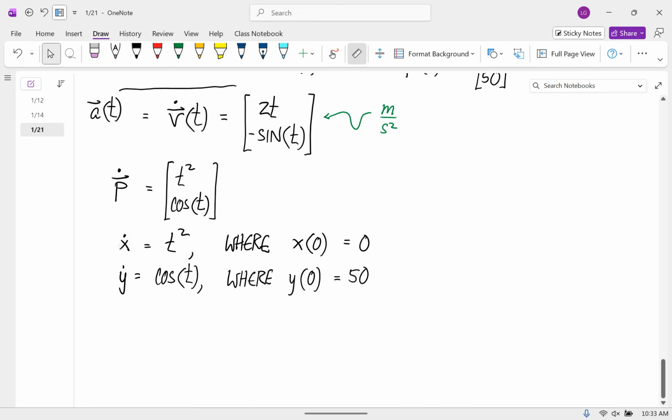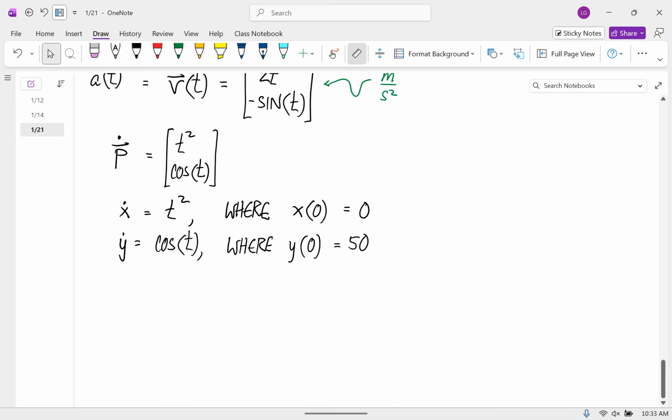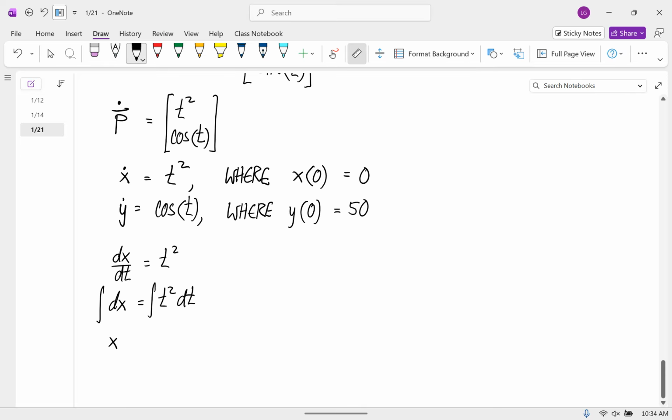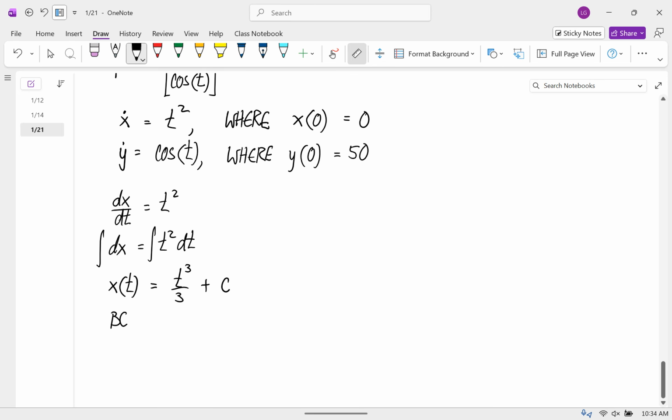Okay, so now I'm gonna do this in two parts. So we have dx dt is equal to t squared. So dx is equal to t squared dt. I'm just using separation of variables now. Integrate both sides and you get x of t is equal to t cubed over 3 plus some constant of integration. And now the boundary condition says that if I plug in 0 for t, I get 0 for x.